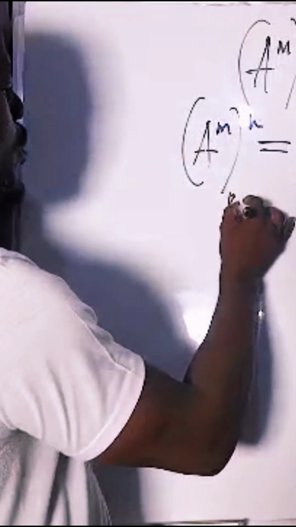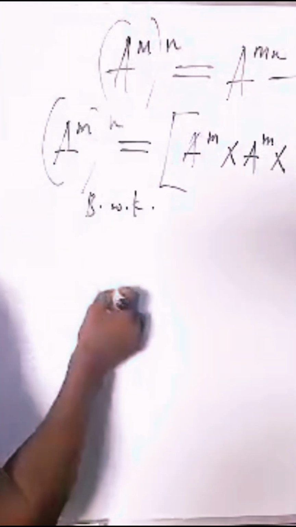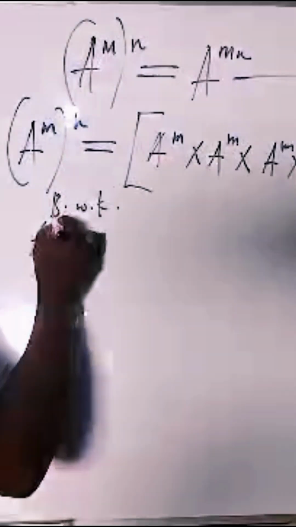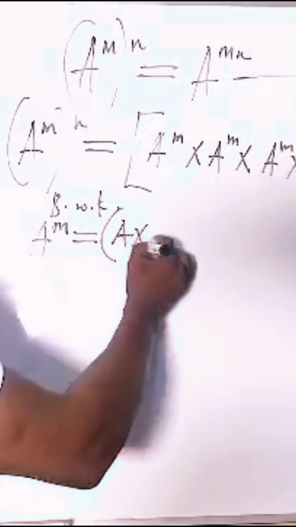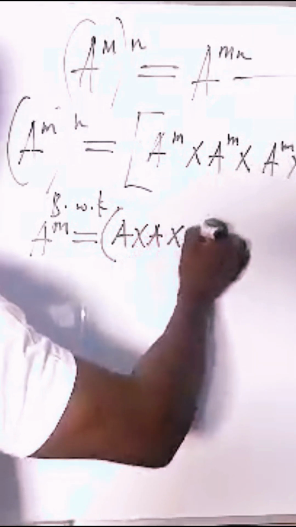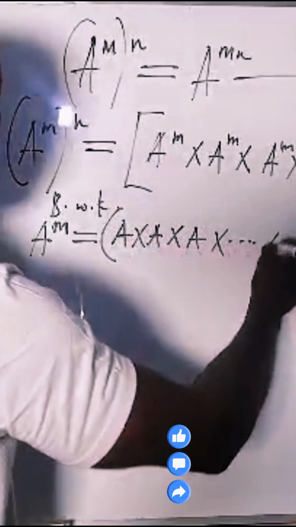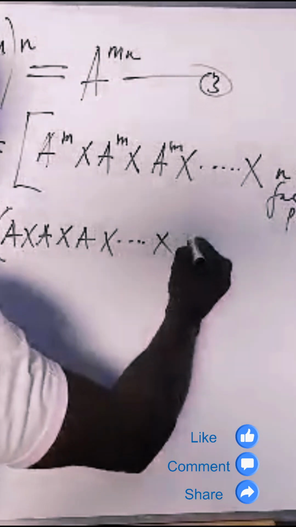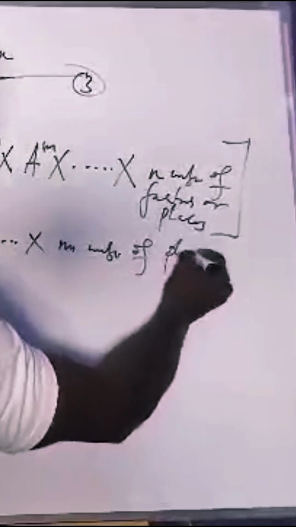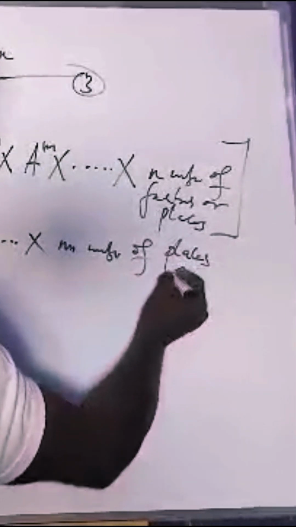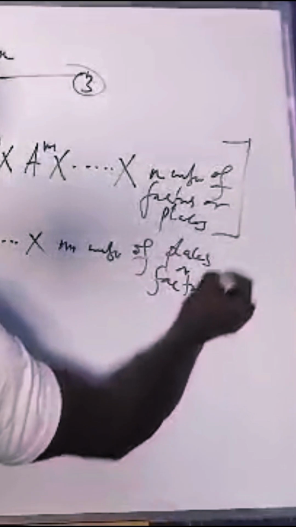But we know that a raised to the power m is equal to a times a times a and so on, times m number of factors, m number of places or factors.